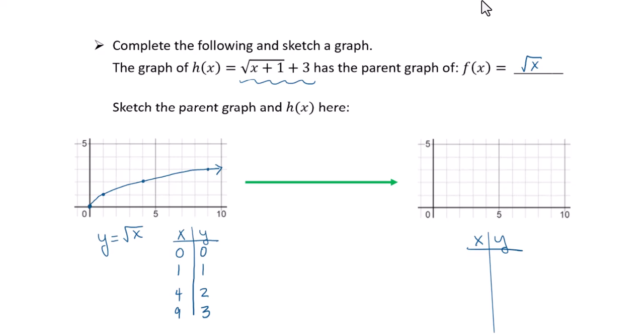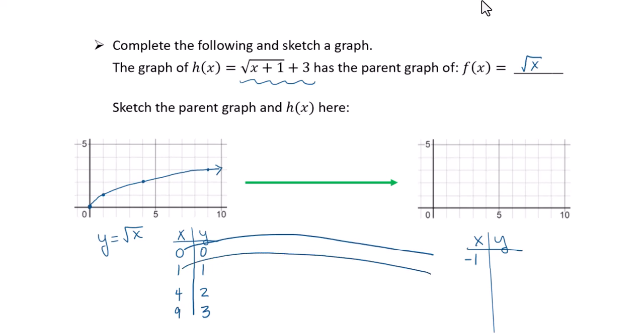So 0, I'm going to subtract 1, gives me a -1. 1, I'm going to subtract 1, and that's going to give me 0. 4, I'm going to subtract 1, that gives me a 3. 9, I'm going to subtract 1, and that gives me an 8.